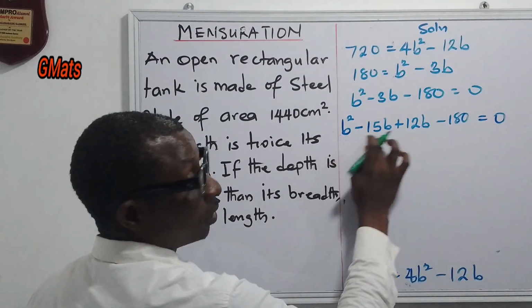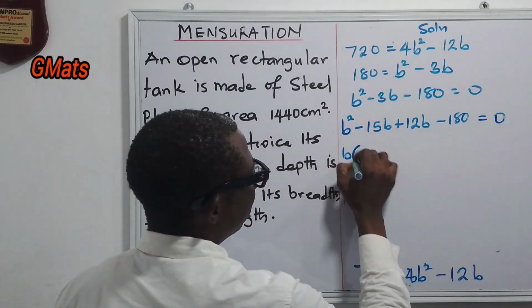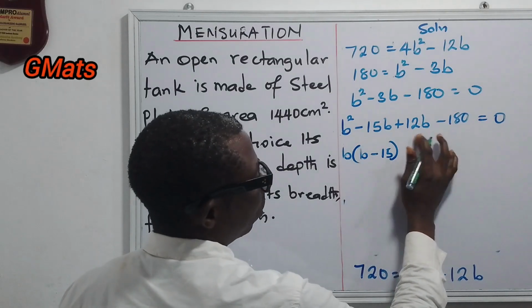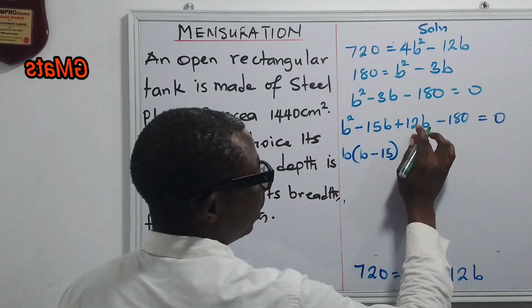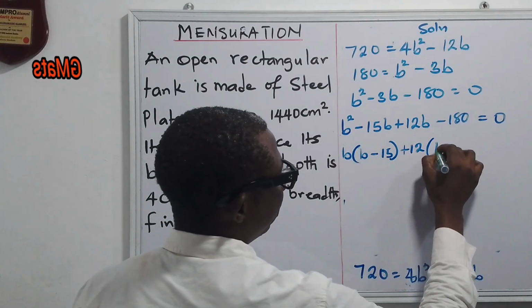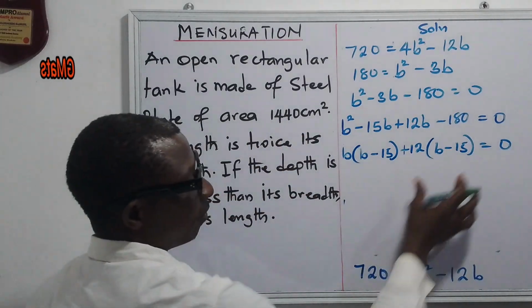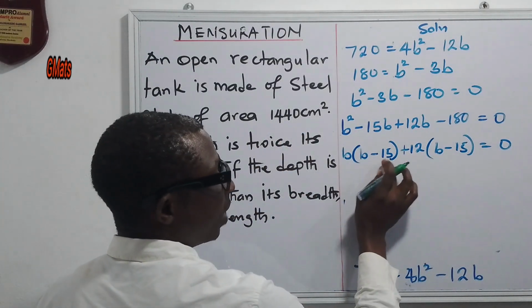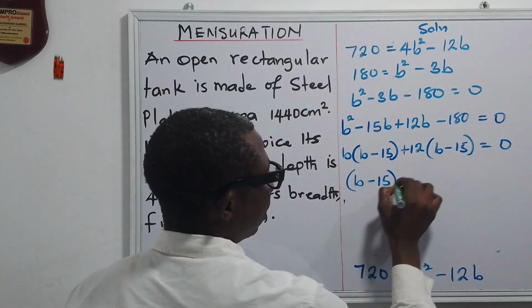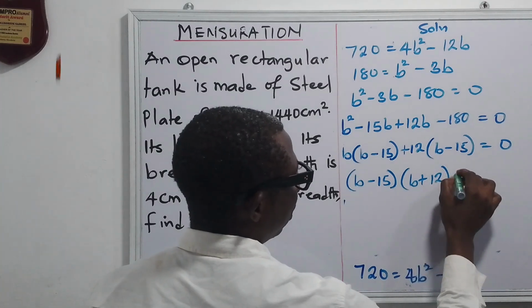We find the GCD, the greatest common divisor, that is B, so we have B minus 15. The GCD of the second pair is 12, so we have B minus 15 again. So we can factor out B minus 15, and we have B minus 15 times B plus 12 equals 0.